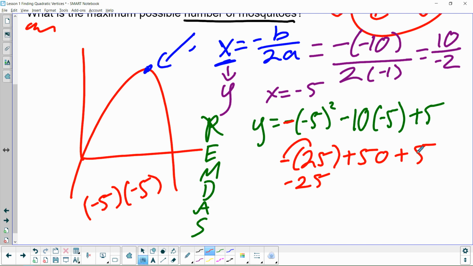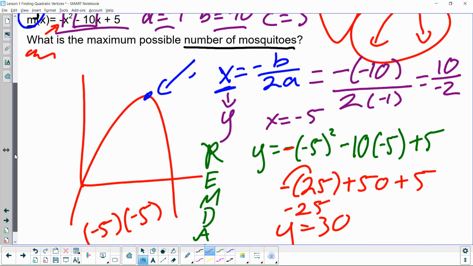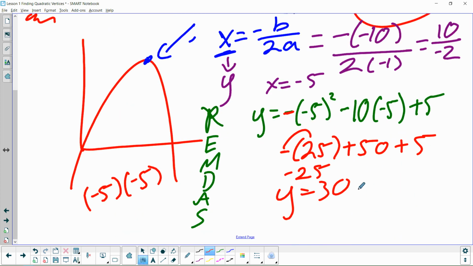And remember, we are talking about millions of mosquitoes. So we could either write 30 million mosquitoes, something like that. Or you could put all the zeros on there. I think it's safer to put the word, but, you know, c'est la vie.